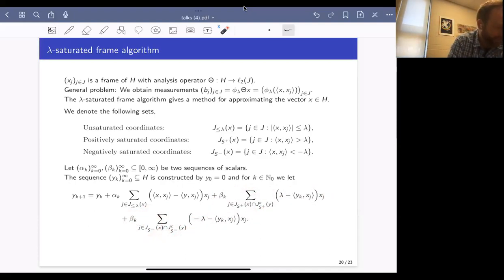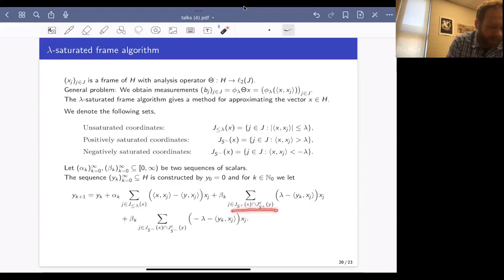So in order to build our next approximation, I do the usual frame algorithm considering the unsaturated coordinates, and then I add in some terms where I'm trying to get consistency with the saturation values for X.